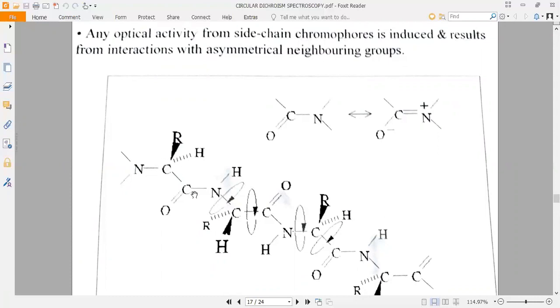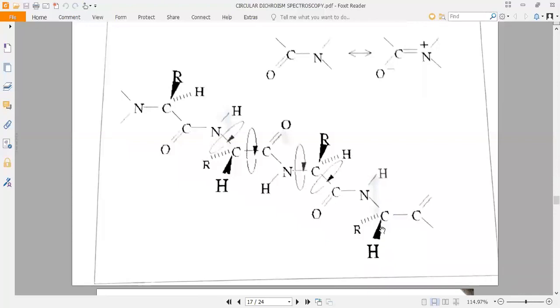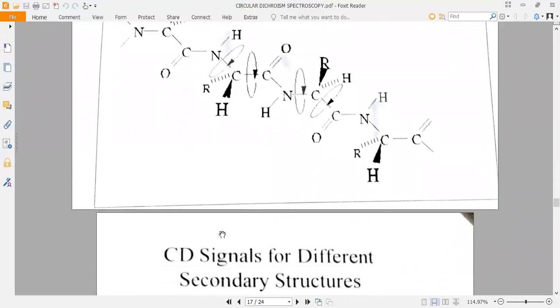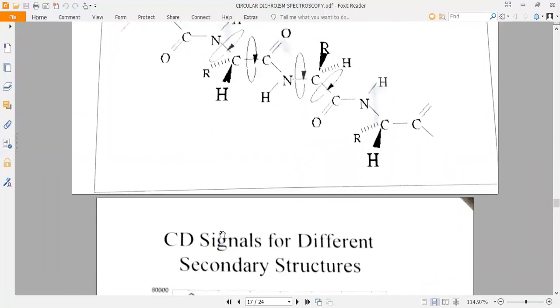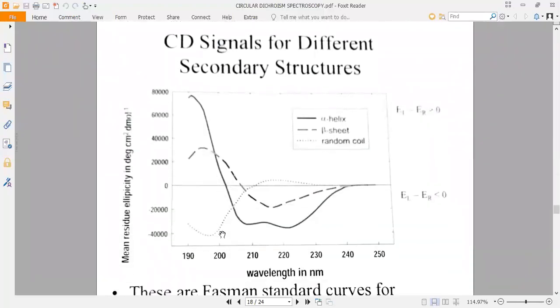You know that CONH, this bond is very rigid. तो क्या चेंज होता है, खाली R ग्रुप चेंज होता है पेप्टाइड बॉन्ड्स में, पॉलीपेप्टाइड चेन में. तो वो कैसे हैं, वो आपस में कैसे इंटरैक्ट कर रहे हैं, दिस कैन बी फॉलोड बाय CD, taking CD spectrum, CD signals for different secondary structure.